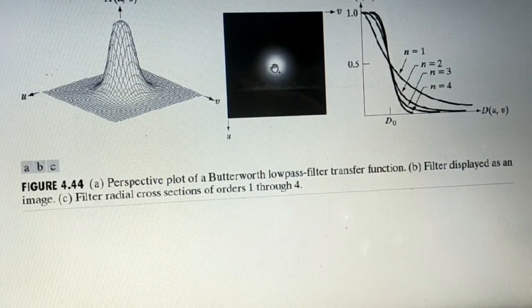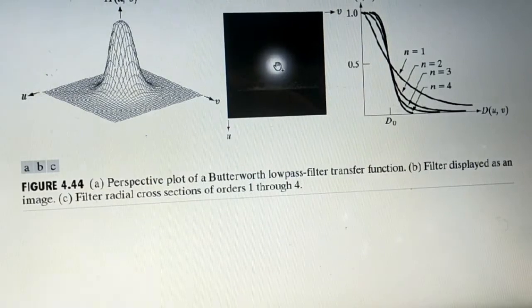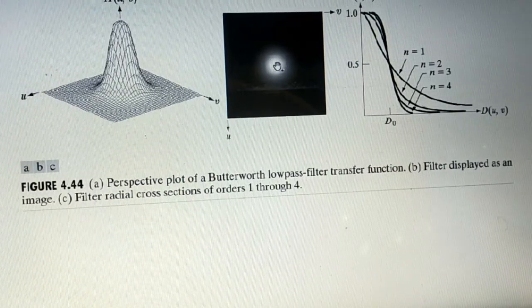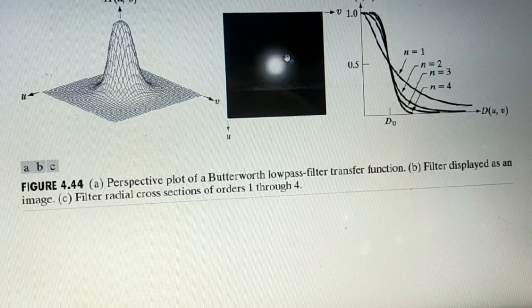In the middle it is a lighter, whiter intensity, and as you move radially outward from the point P by 2, Q by 2, the intensity decreases. That means the whiter intensity represents the maximum gain and the darker intensities represent the lesser gain.